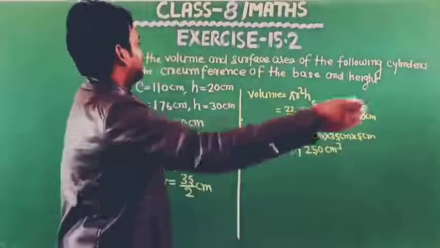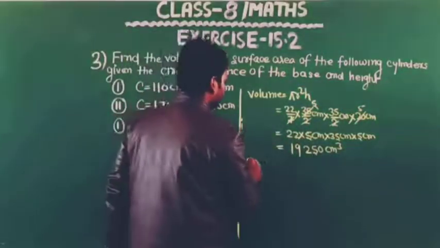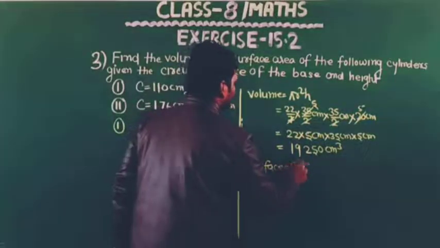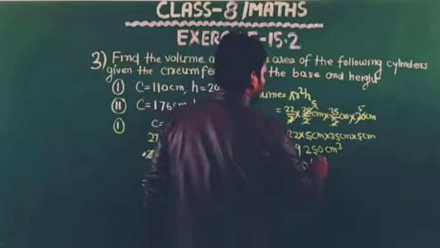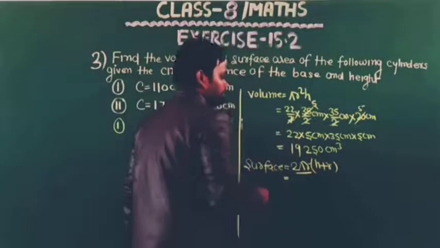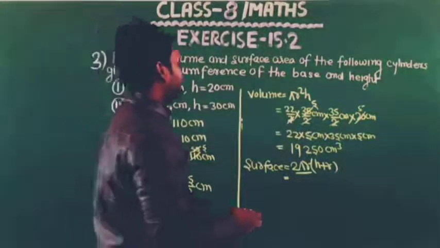And we are also asked to find the surface area. So surface area equal to 2 pi r into h plus r. Directly here we can substitute the value of 2 pi r, which is equal to 110.